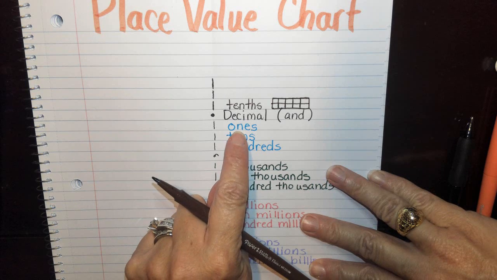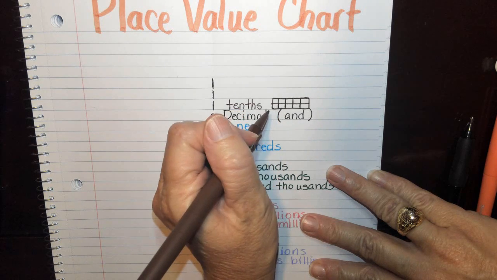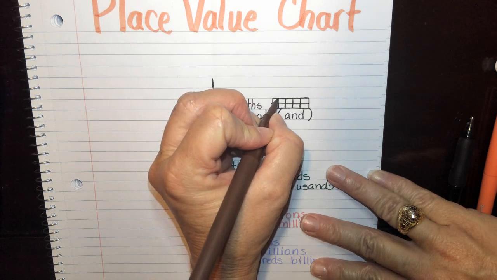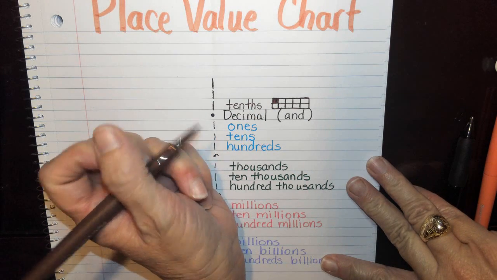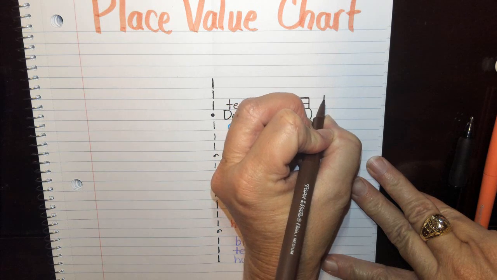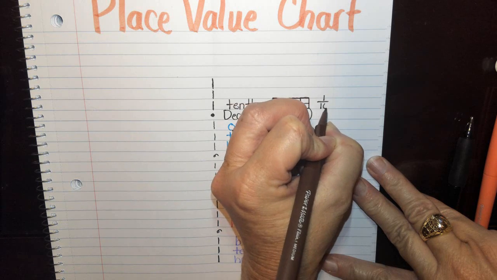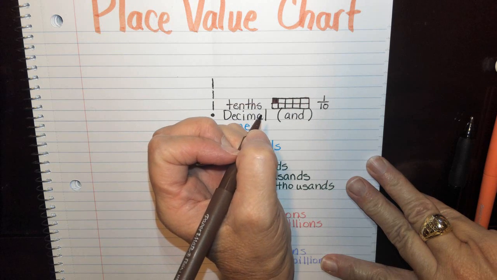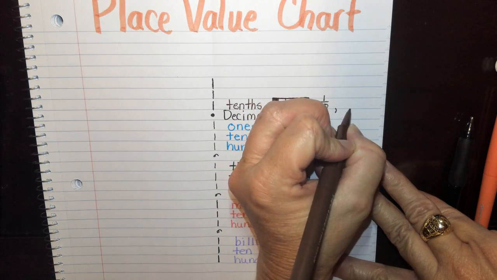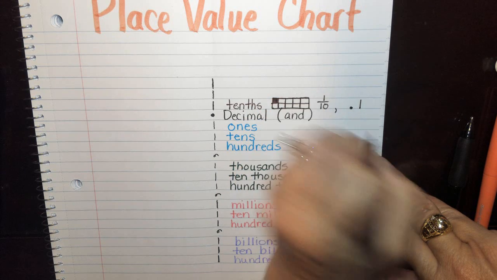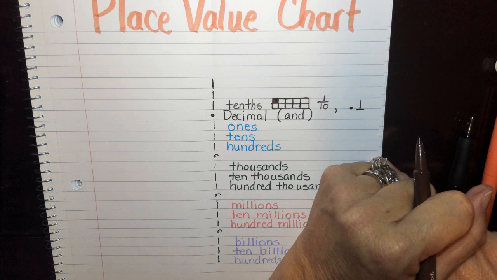What I've done is I've taken a whole and I've cut it into 10 equal pieces, and this represents 1/10 of the whole. So if I were writing a fraction that would represent that, I would have one piece that's shaded out of a total of 10. I can also think about this in the decimal form as 0.1, because the 1 is in the tenths place.